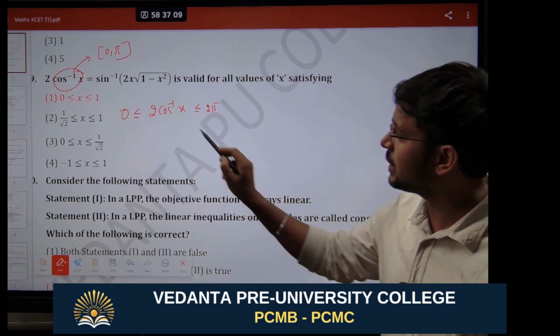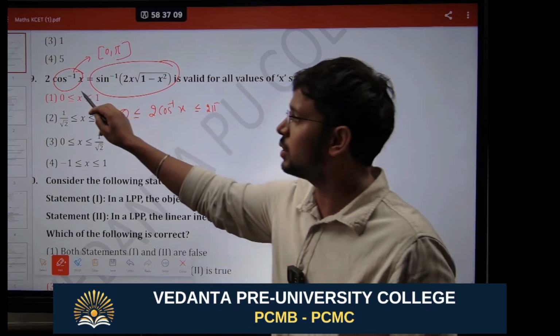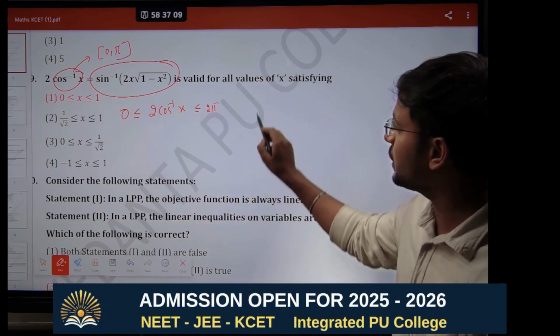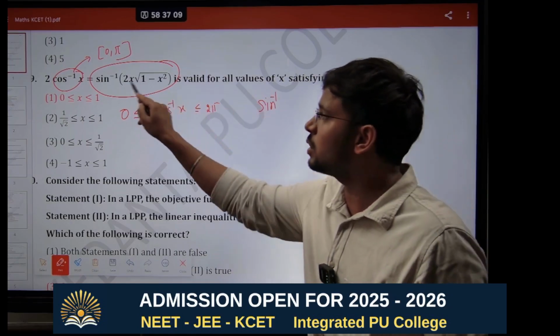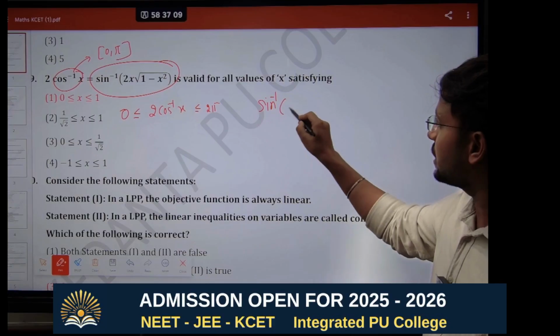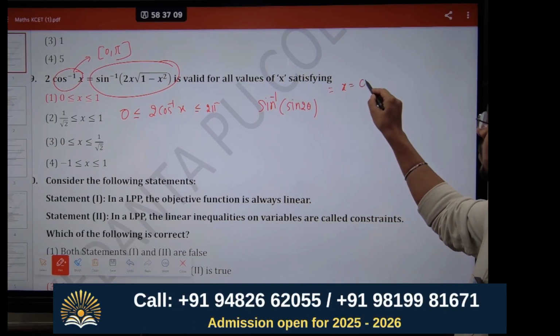Now on the right side, I have to substitute, and since cos is coming out, put x equal to cos theta. So you will see this will come 2 sine inverse of 2 cos theta sine theta, which means sine 2 theta. What am I substituting? I am substituting x equal to cos theta.